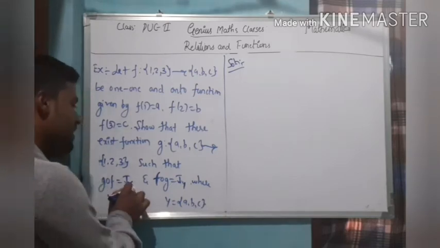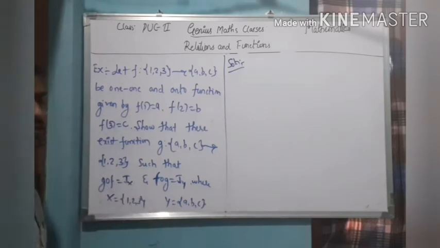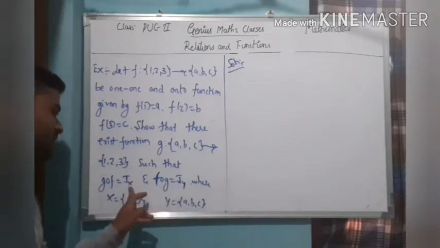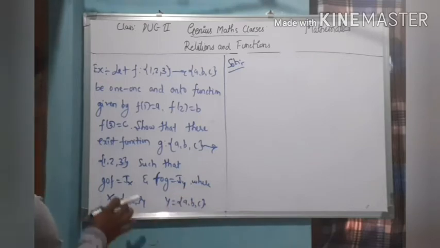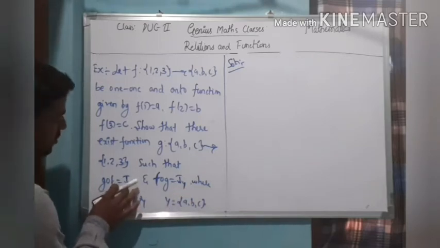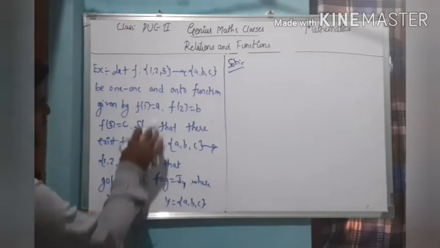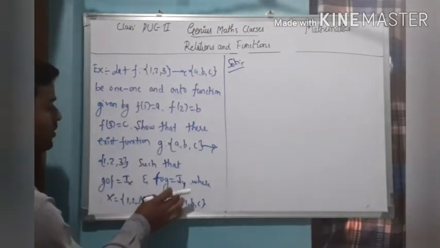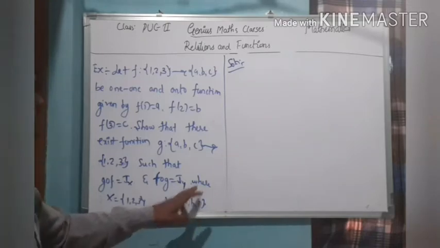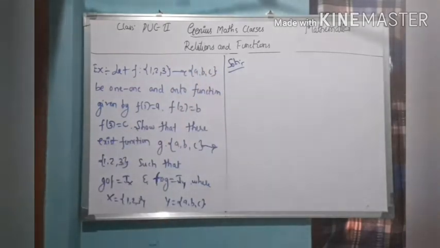What is I_X? It is the identity on X, and I_Y is the identity on Y. When we compose g naught f, we get the identity on X, and when we compose f naught g, we get the identity on Y.